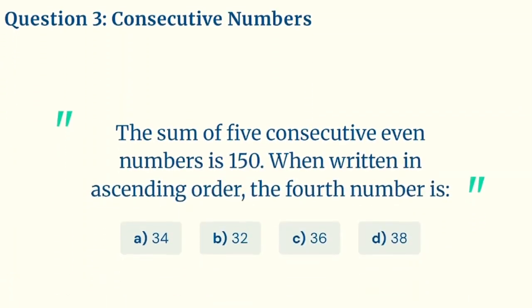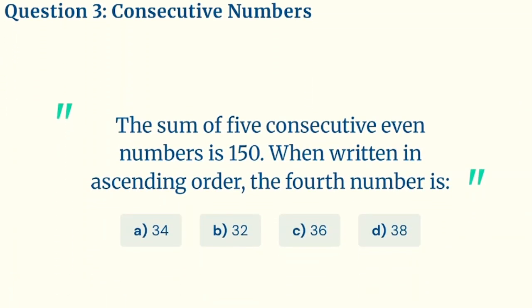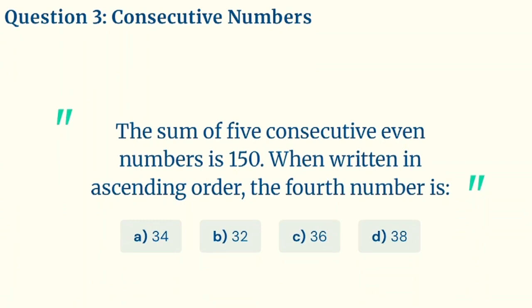Now coming over to the next question, which is based on consecutive numbers. The sum of 5 consecutive even numbers is 150. When written in ascending order, the fourth number is... So here we have 5 consecutive even numbers. How can we assume the 5 consecutive even numbers?